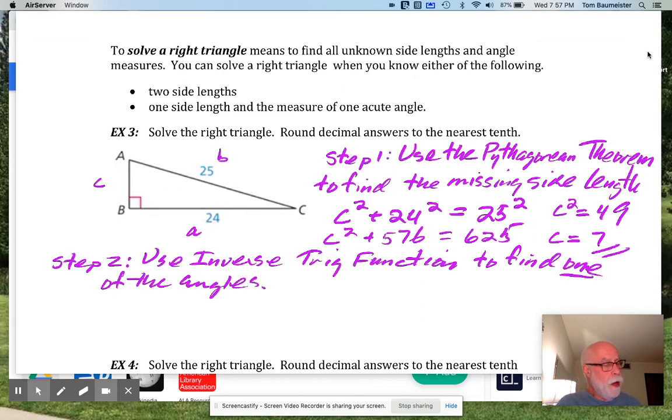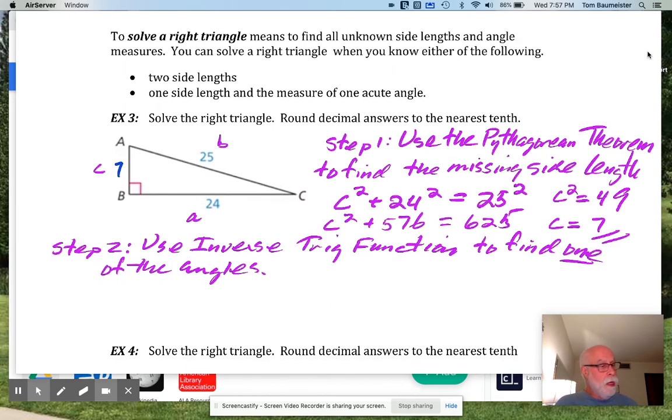Okay, now, and I'm going to show you this tomorrow after I have you watch the video. You can use sine, cosine, or tangent here. All right, we know now that c is equal to 7.